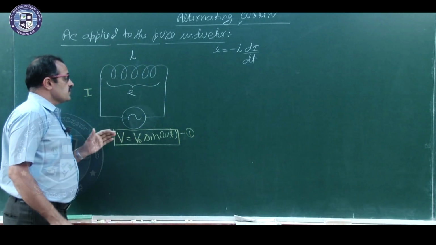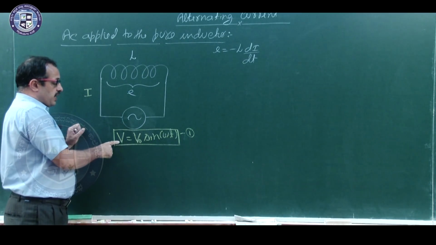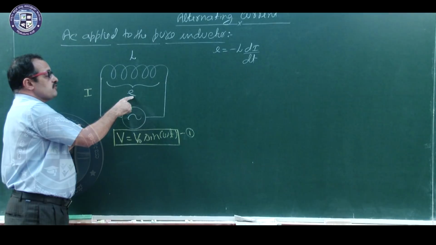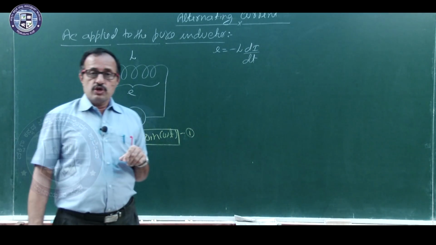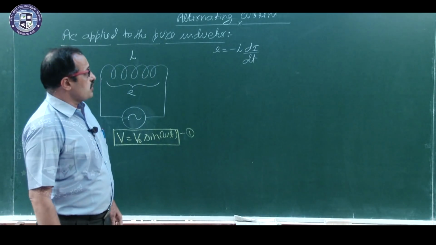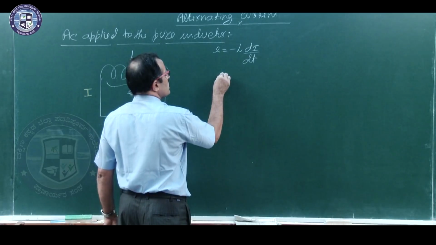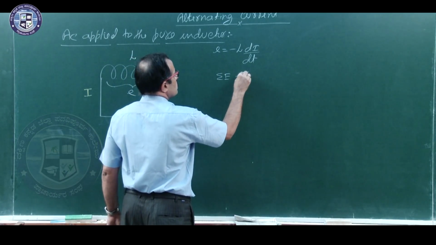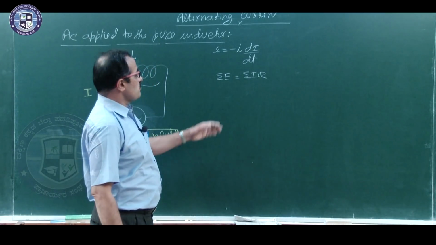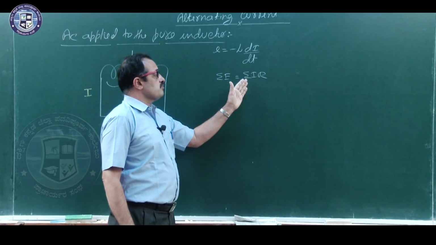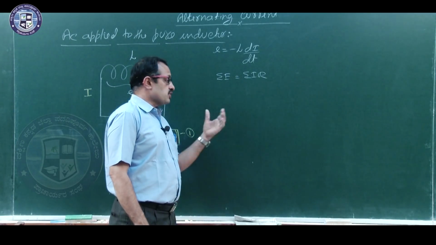Now, in this circuit there are two EMFs, one is applied voltage V, another one is induced EMF, and now we apply Kirchhoff's voltage law. What is Kirchhoff's voltage law? That we already know, that is sigma EMF is equal to sigma IR. Algebraic sum of EMFs is equal to algebraic sum of product of current and resistance in a circuit.